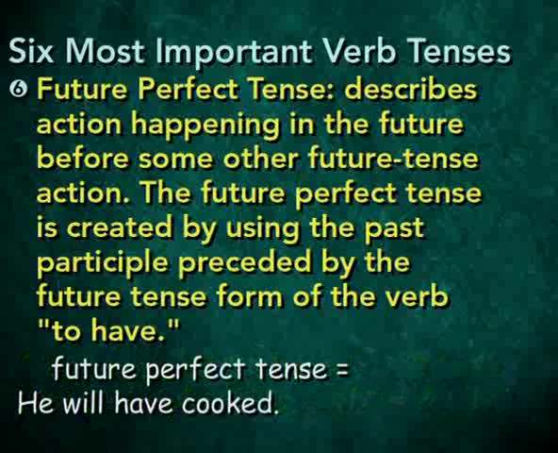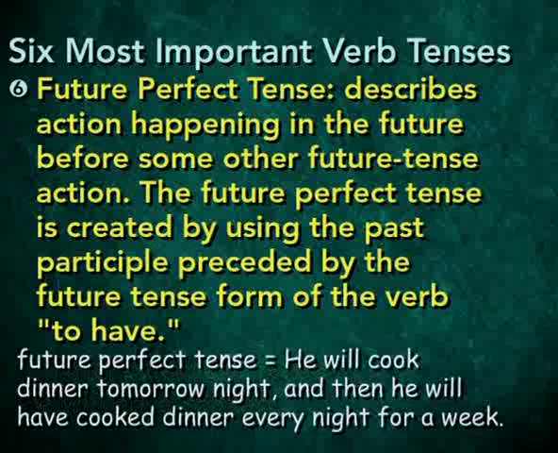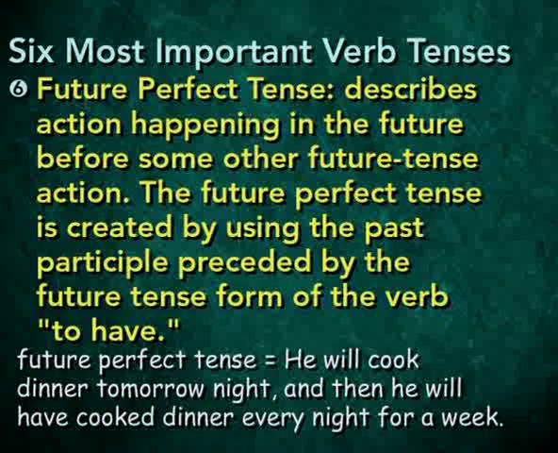How would we use this in a sentence? Well, remember, the future perfect tense is used to describe some future event happening before some other future event. Let's look at this example. He will cook dinner tomorrow night, and then he will have cooked dinner every night for a week. Notice what's happening in this sentence. Tomorrow, we're told, he will cook dinner, and when he does that, he will have cooked dinner every night for a week.